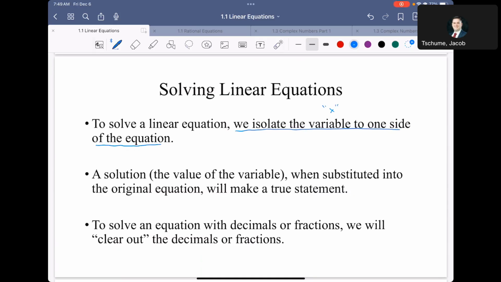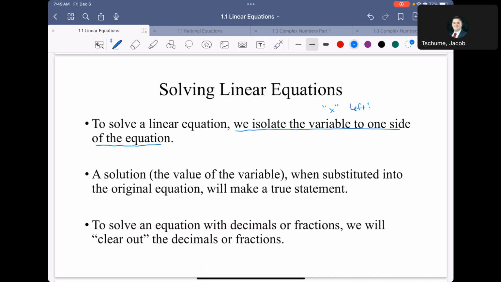Now, typically this variable is x, but it won't always be. We'll use different letters throughout this class, but you're trying to get whatever the variable is by itself on one side of the equation. It doesn't have to be the left or the right, but most students are more comfortable if we do it on the left-hand side, so I'll probably stick to that in this video.